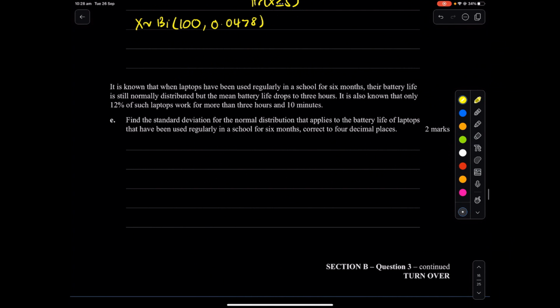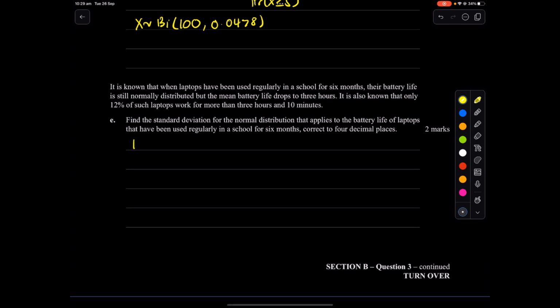It is known that when laptops have been used regularly in a school for 6 months, their battery life is still normally distributed, but the mean battery life drops to 3 hours. It is also known that only 12% of such laptops work for more than 3 hours and 10 minutes.